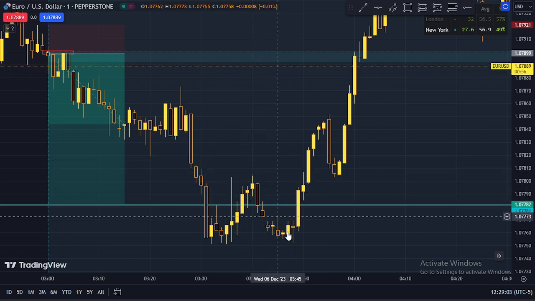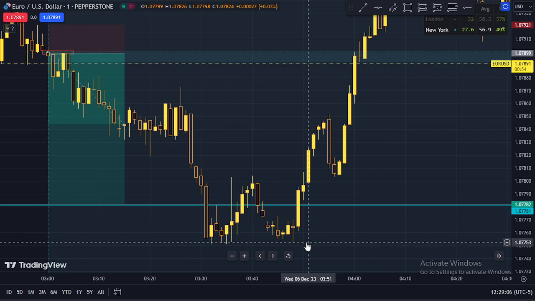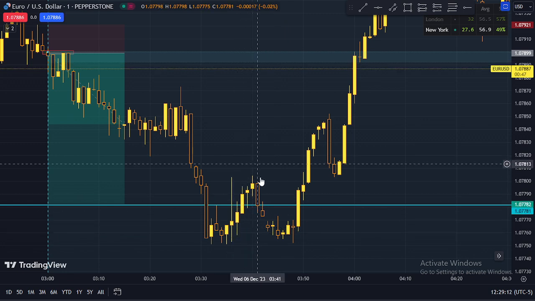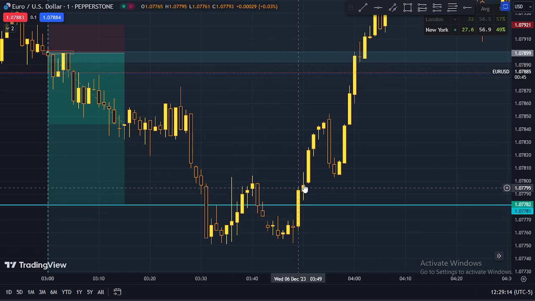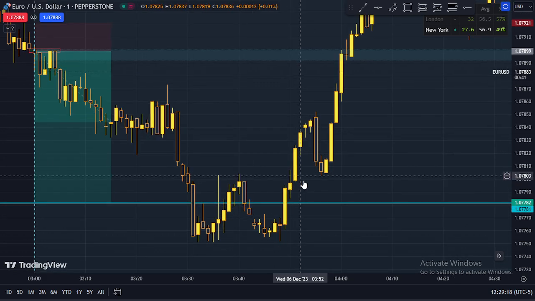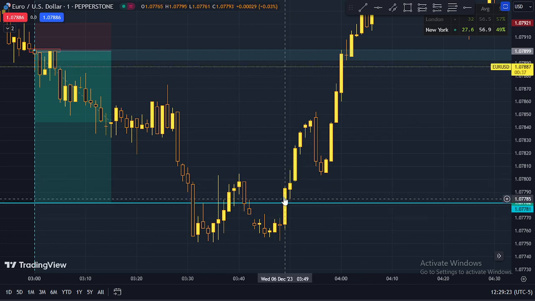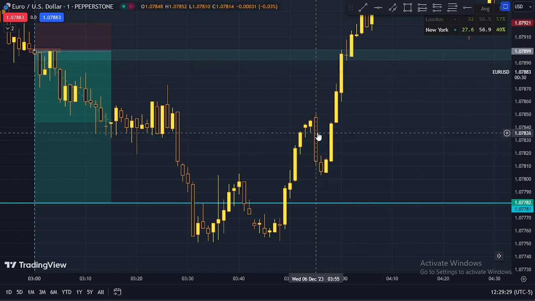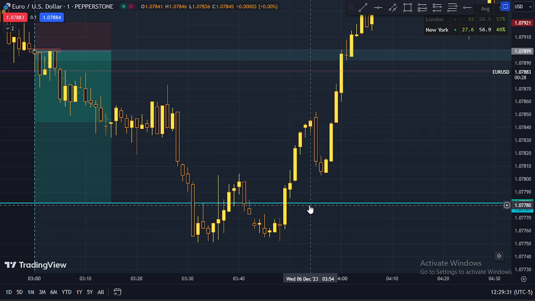So we had this drop down, like this. So we had the swing high, it was taken here. So we had a fair value gap right there and another one there. For you to get into this trade, you have to incorporate this imbalance, because price may visit this imbalance.